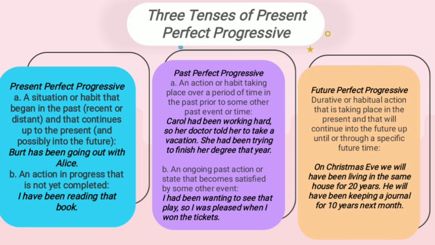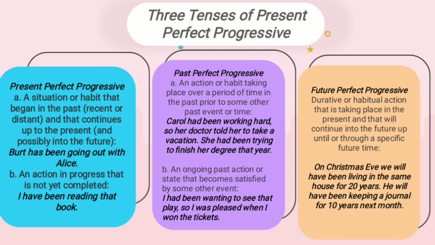So present perfect progressive, a situation or habit that began in the past, recent or distant, and that continues up to the present and possibly into the future. So for example, Bert has been going out with Alice. B, an action in progress that is not yet completed. So for example, I have been reading that book.